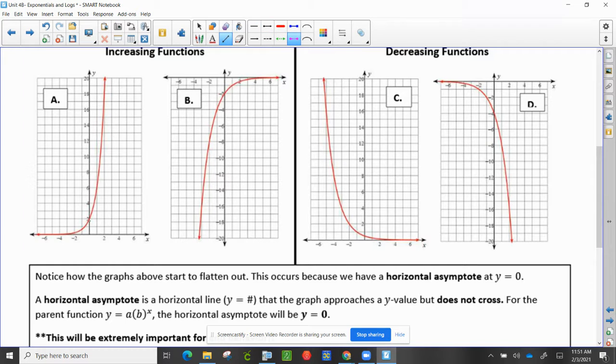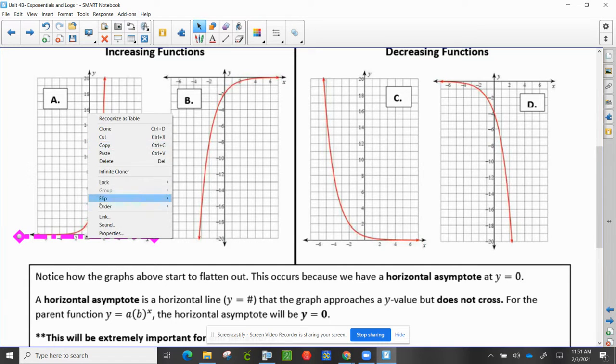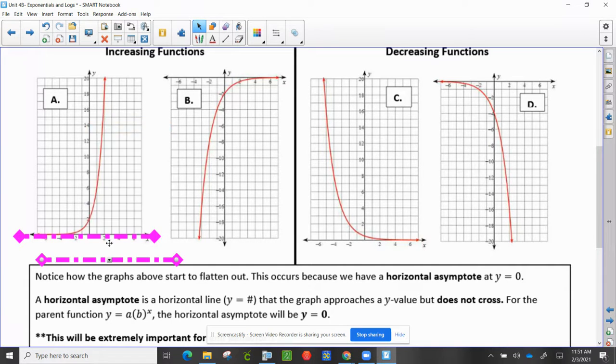So in this particular problem, you see how this kind of curves and it starts to kind of straighten out? It's happening about here. Same thing on this increasing graph over here, graph B. The graph increases until it kind of hits this x-axis and then it starts to flatten out.